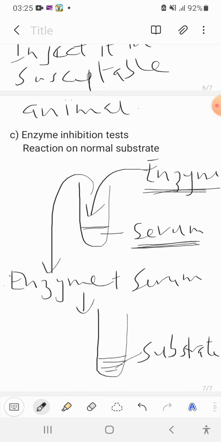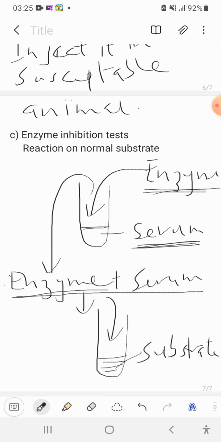So you expect a color change when you add the enzyme to the substrate. Then you should see that color change when you add enzyme plus serum.